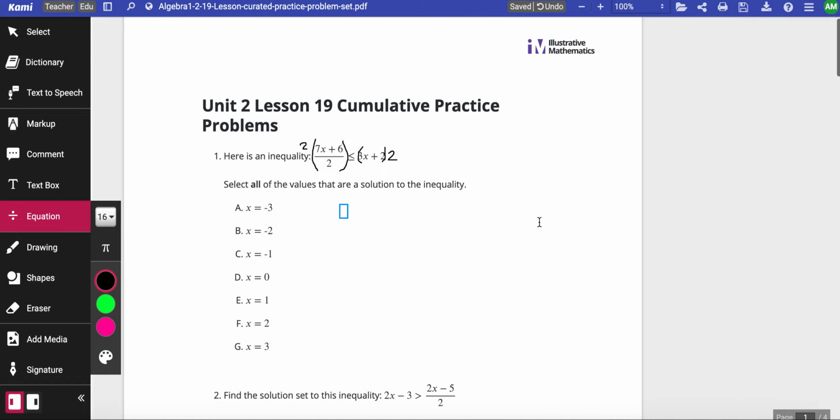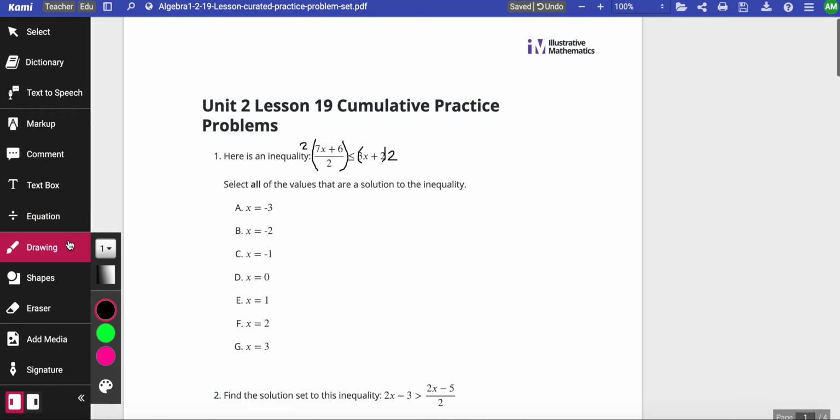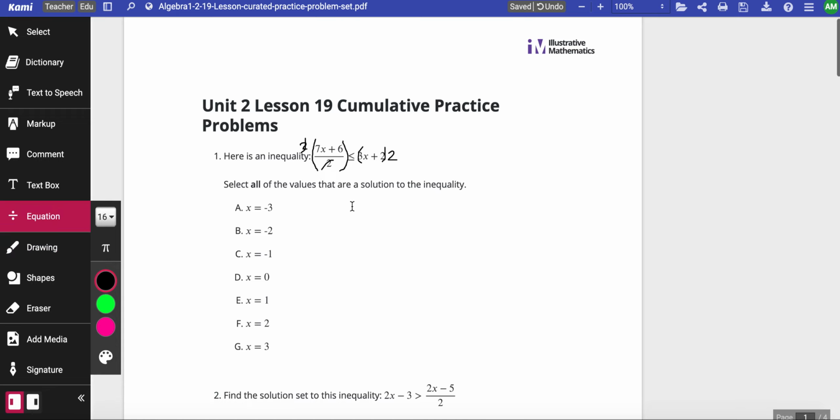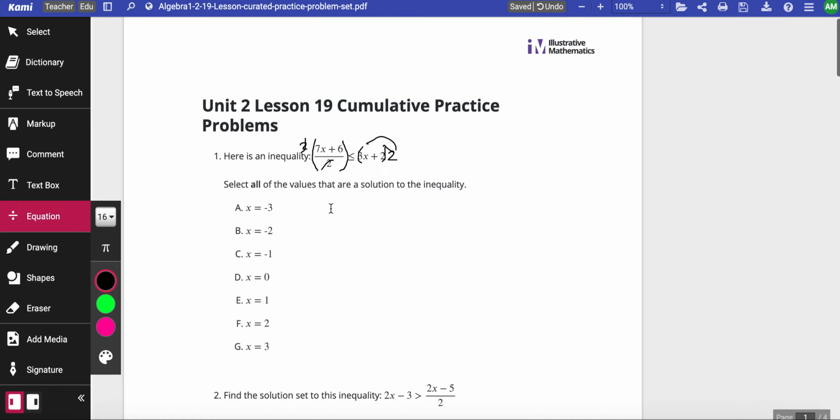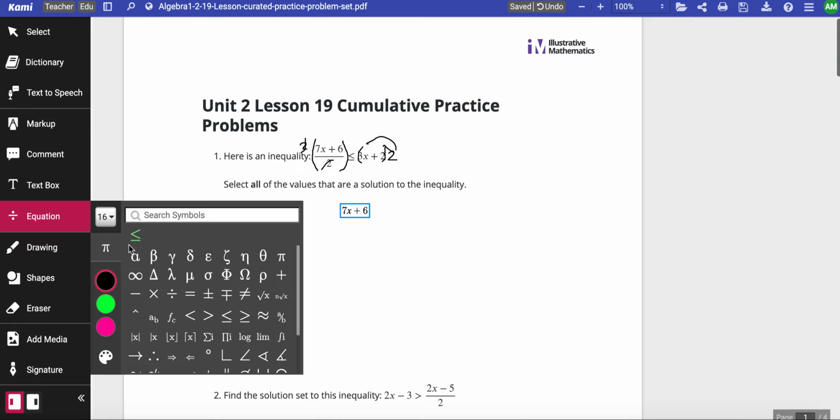So you would have these 2's, 2 divided by 2 is 1, so you don't have to worry about that. And then you will distribute this 2 to this side. So you would end up with 7x plus 6 is less than or equal to 6x plus 4.